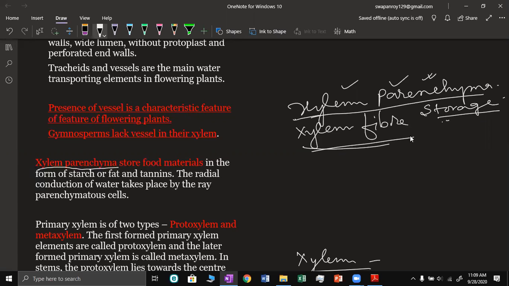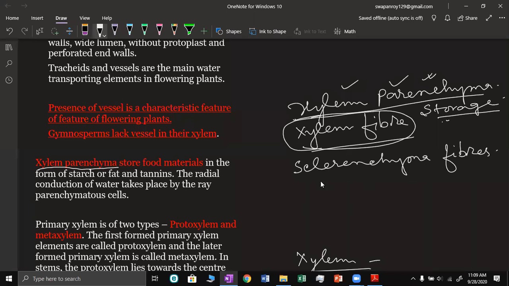And these xylem fibers are the sclerenchyma fibers present in xylem tissue. They are very long and, as we know, they are dead.